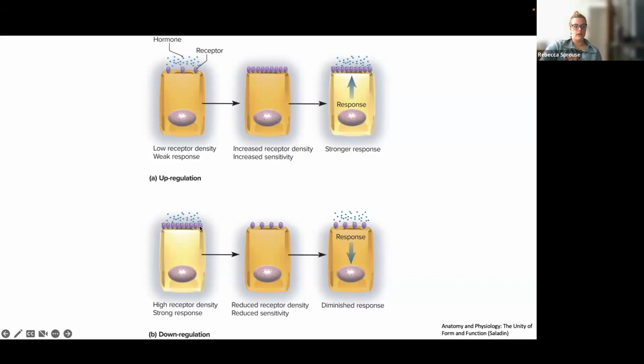So we have a ton of receptors, but we only need a few. And so we're going to eliminate some of those receptors, recycle them, so that now we have 4 receptors. And so your response is much more diminished. The more receptors that you have, the greater response you're going to have, because the more hormone that's going to bind and send their chemical messages through to the target cell. The fewer receptors you have, the less robust response you're going to have to that hormone.